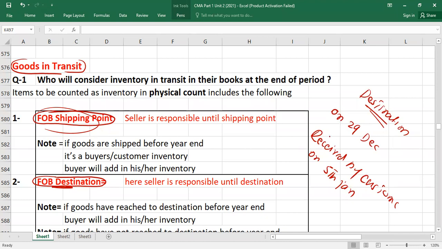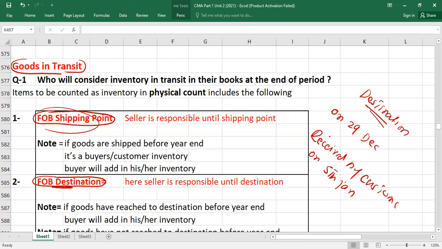It means at the end of the year it was in transit. Who would say it's my inventory, supplier or customer? It's a destination, so the receiving date is important. It's the supplier's inventory, not the customer's, because the goods have not reached the customer. What will the supplier do? He will add back this inventory in his physical count. Why will he add it back? Because at the time of shipment he removed it. Now he needs to add it back because it has not reached.